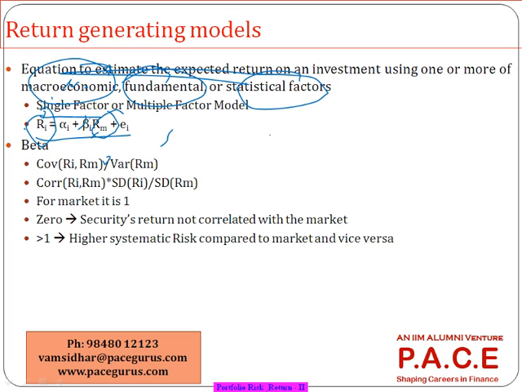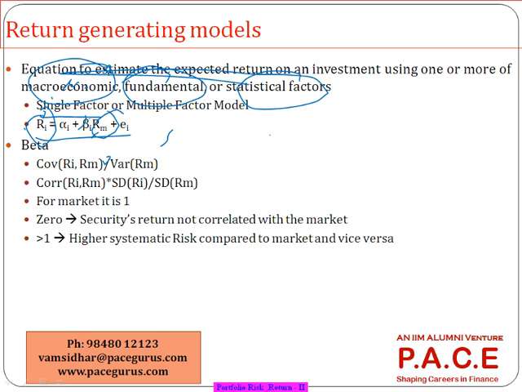The equation is built between the security returns RI and the market returns RM. So for, let's say, the last 1 year I take the stock's daily return and the daily returns of the Sensex, and I build some formula between the two. That formula which I am building is what we call a return generating model itself, because in this the input is the Sensex return and the output is the return on the security.